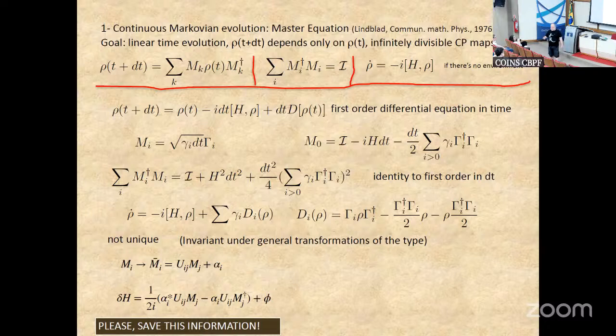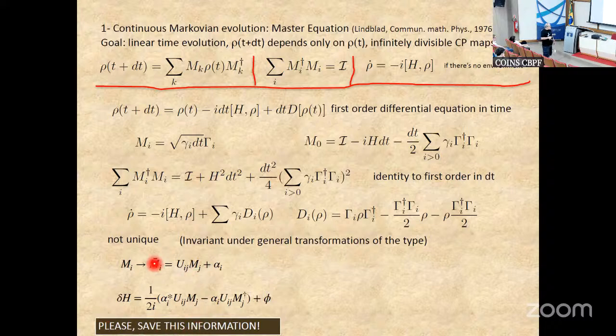It's Markovian. The Markovianity is implied here in this condition that rho of t plus dt only depends on rho of t. And this equation is not unique. In which sense? It is invariant under a general transformation of this type here.